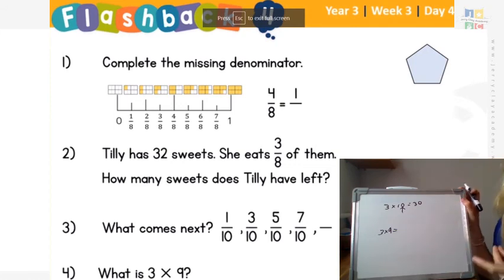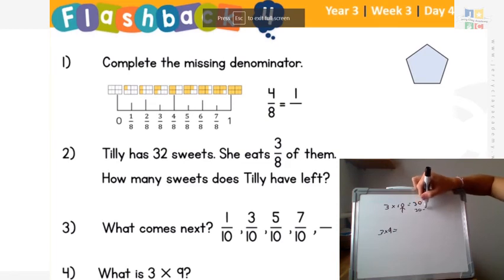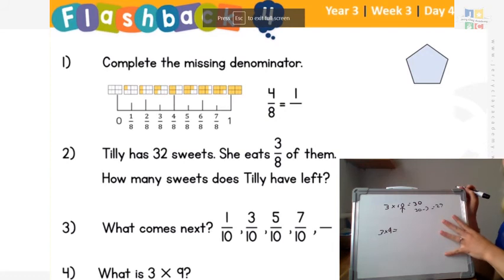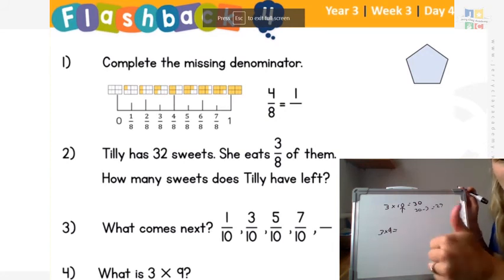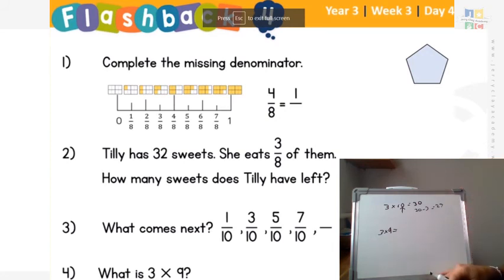So I know 3 times 10 is 30 straight away, and then I could have just done 30 take away 3, which got 27. That would just be a quicker way of getting to 3 times 9 without having to count up in your 3 or your 9 times table.